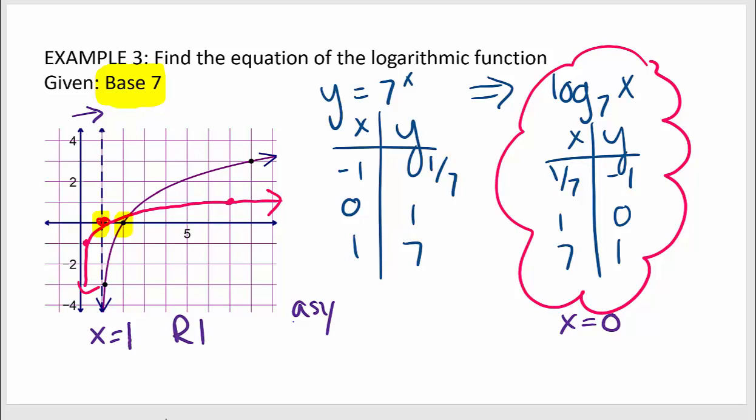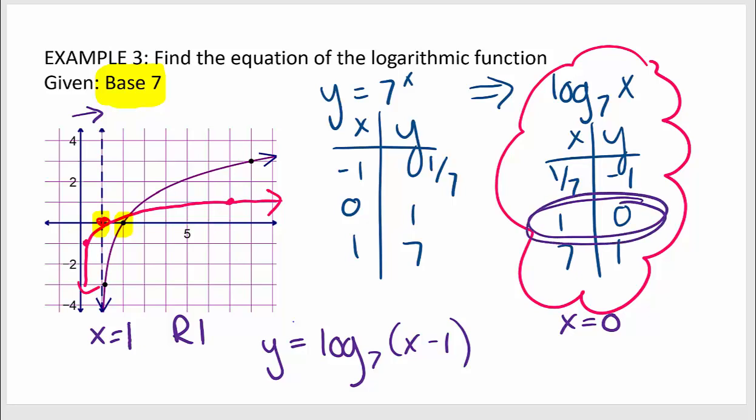So I'm going to start by putting that into our new equation. The horizontal translation is seen by having that -1 attached to the x inside of the logarithm. You'll notice that the point that was originally (1, 0) has moved to the right by 1 and is now (2, 0).